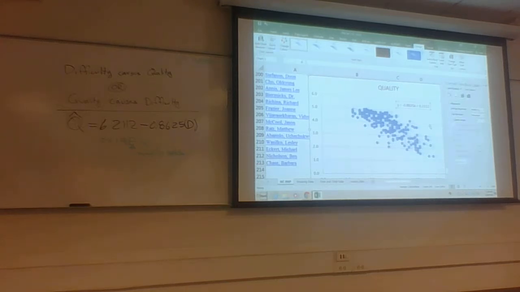So you don't want to highlight the first row. Highlight it as one box. Sometimes it'll work.